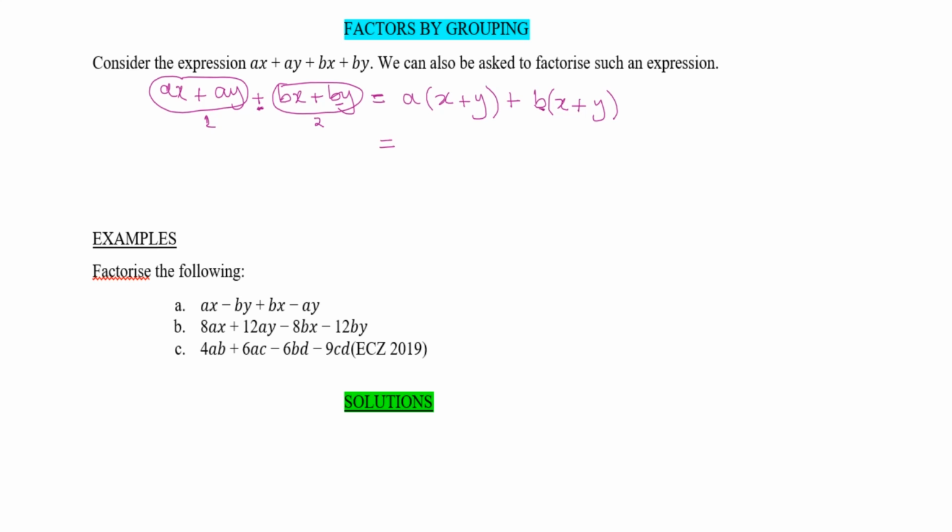What is in the brackets should be the same because it's a common factor. So between the two we just get one and write x plus y. Then whatever is outside the brackets we can also put in a pair of brackets. Outside there is a and outside there is b, so a plus b will give us the other pair of brackets. So this one here will be the answer.